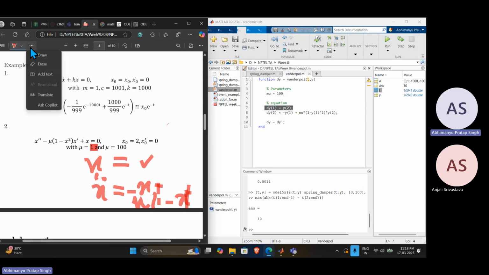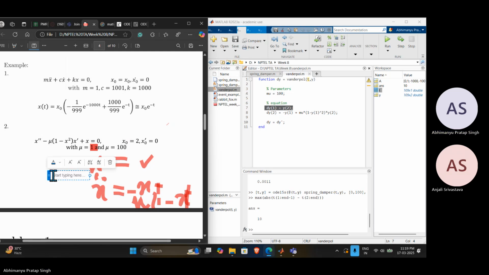If I just write it, my x prime would become minus x plus mu times 1 minus x square, and then since I have taken x prime as v, it will become v.